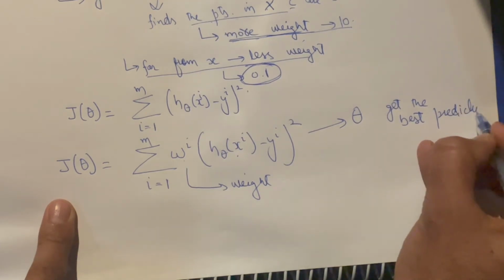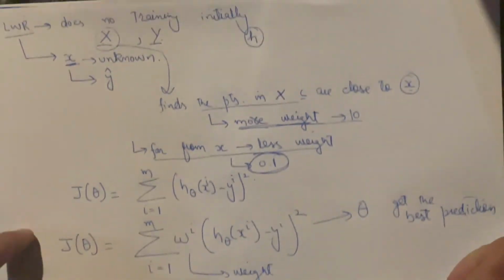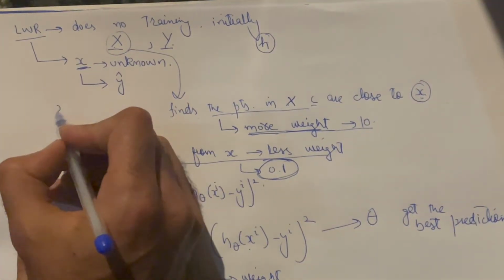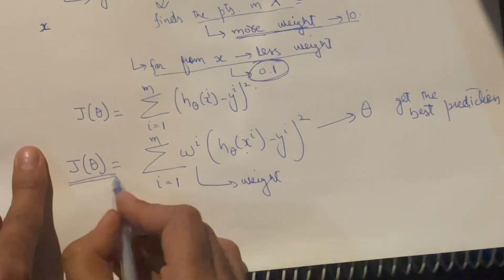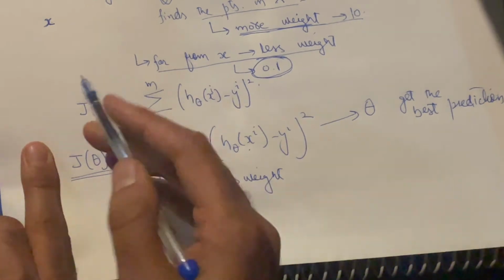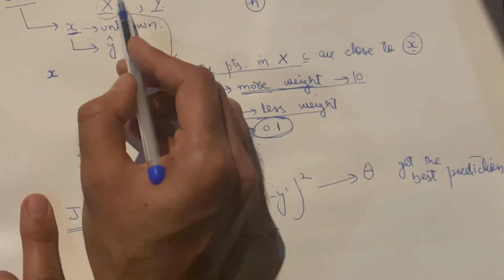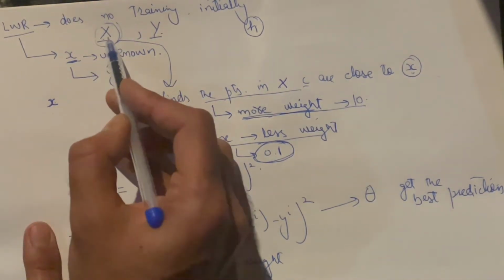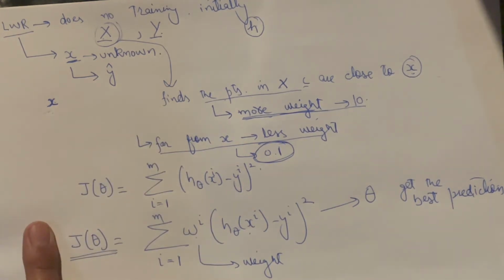Okay, however, what is the disadvantage of this locally weighted linear regression? The disadvantage is that every time we want to make a prediction, we have to minimize the J theta, because every time we have a new data point, we have to modify this x, by giving more weight to the points which are near to x and less weight to the points which are far from x.